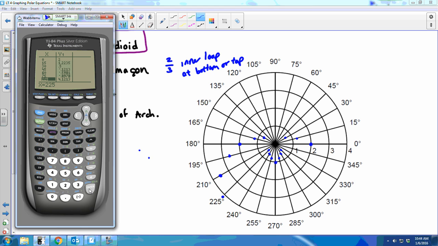You can have multiple points on the same ray here, and that's okay. 240, 4.5. Just going around. 4.8. 270 is going to be at 5. We get 4.8, so we're going to start going back closer.